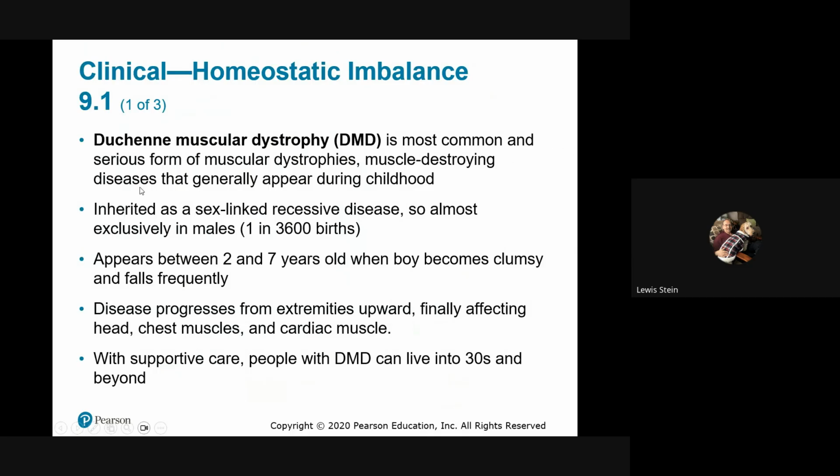It's the most common and serious form of muscular dystrophy. It's a muscle-destroying disease that generally appears during childhood, almost exclusively in males. And like a lot of these diseases, it takes a while for the process to happen. Effectively the muscles no longer develop properly, and eventually they're replaced by fatty tissue.